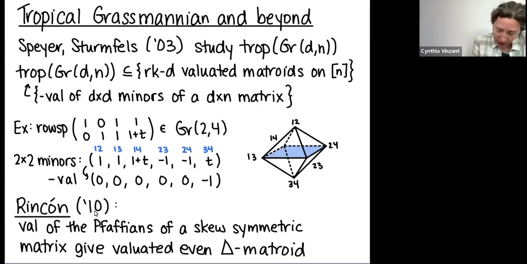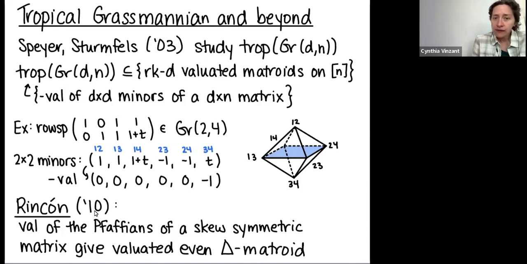And then we take the valuation or minus valuation of each of them. All of these have valuation 0 because the constant term is the biggest, except for the last one, in which we get a t. And so the valuation is all zeros except for the 3, 4 coordinate, which gets a -1.